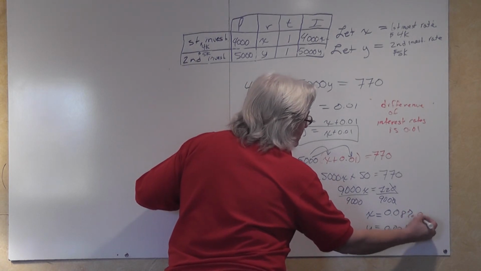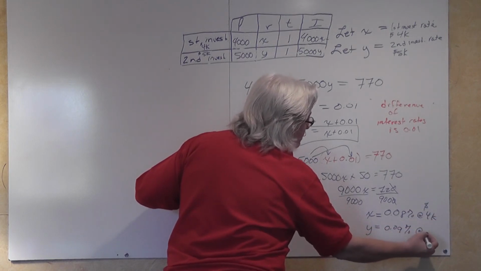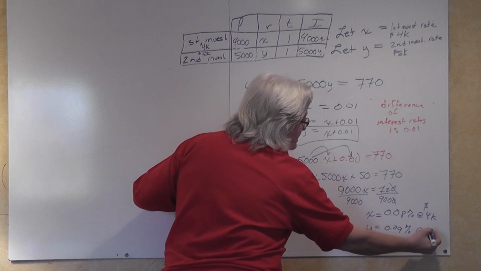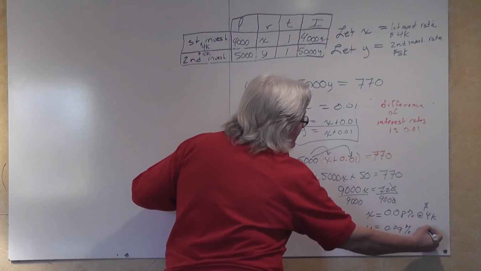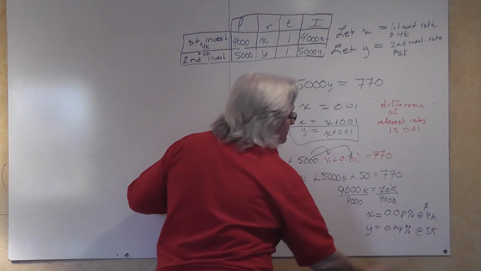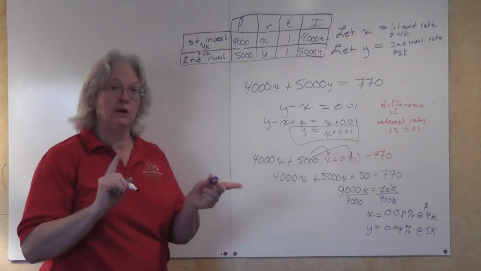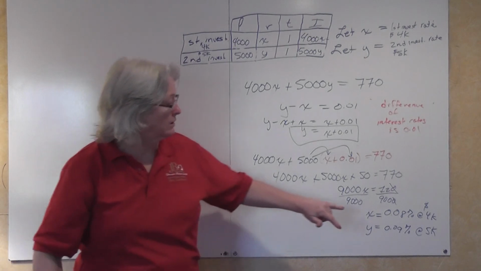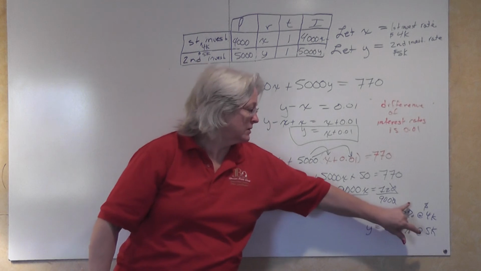0.08 at 4K, 0.09 at 5K. Now, you heard me speak it incorrectly. I also wrote it incorrectly. This here says 0.08%.